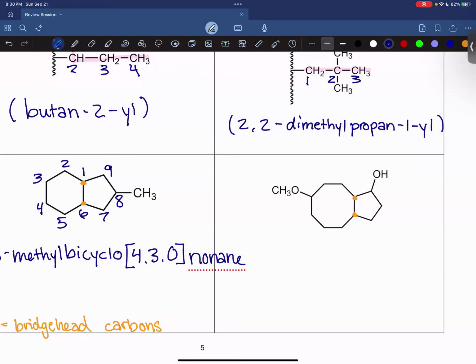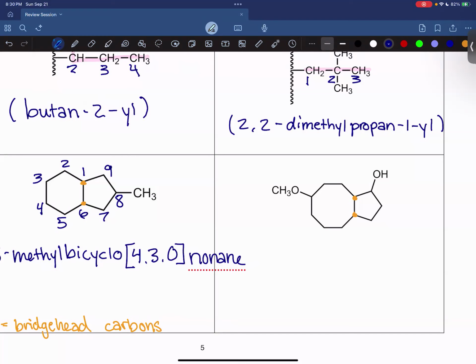So the best way to do that would be to go around like this. 1, 2, 3, 4, 5, 6, 7, 8, 9, 10, 11. Okay. And then we're going to look at our branches. We have a methoxy group right here, 5-methoxy. I'll try to write this small because it's going to be kind of long.